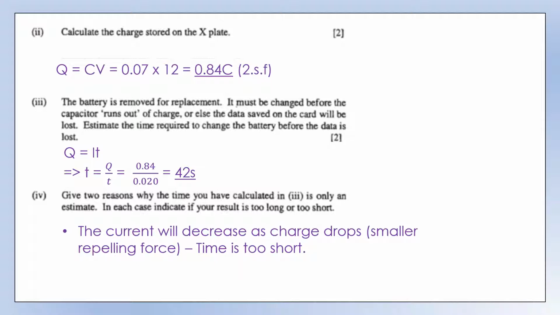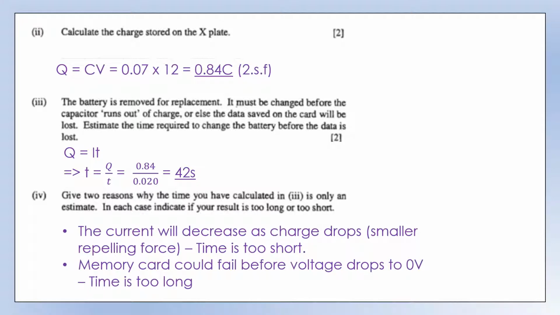So we're going to get a smaller current as time goes on, and that's going to mean it discharges slower and slower, and so essentially that time is actually too short, it's going to be bigger. And actually for a capacitor, current follows an exponential decay. But the other thing to think is the memory card might fail before the voltage drops to 0. So actually maybe that time is too long, or maybe these two effects cancel each other out, and that ends up being a reasonable estimate.